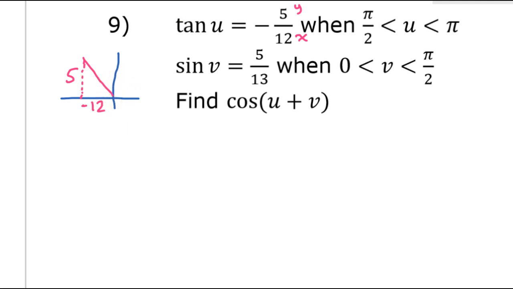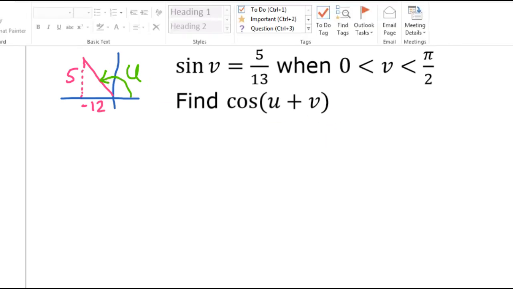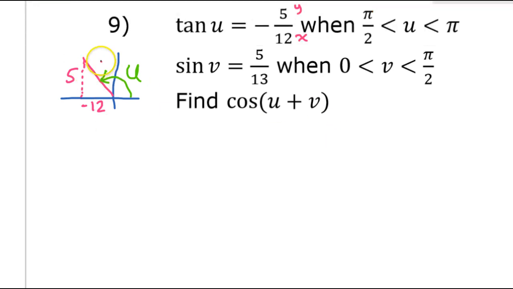Alright, and I should be very careful to label this as angle u to make sure I don't forget. Oh yeah, I guess I need the radius. So this is 5, 12, 13. So the radius is 13. We've memorized that. If we ever hit one that we don't memorize, we just use the Pythagorean theorem.